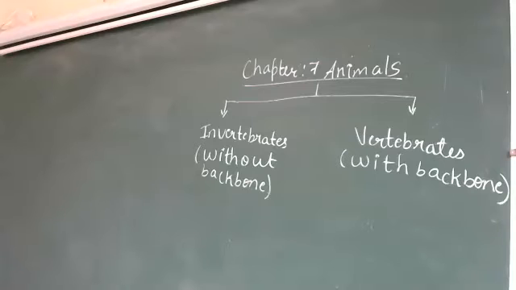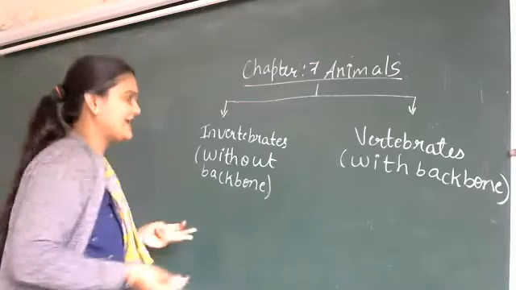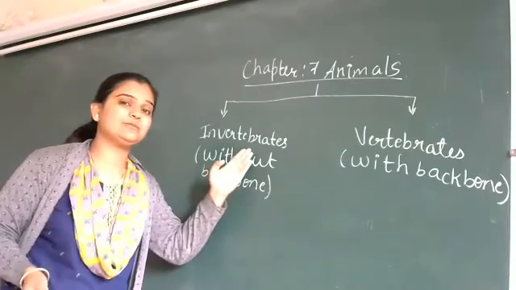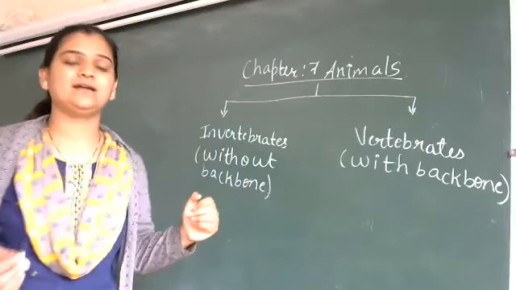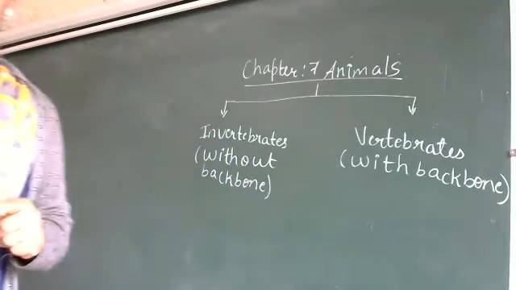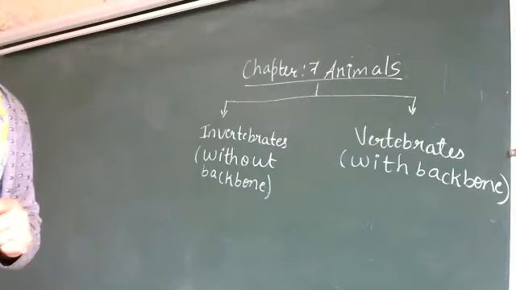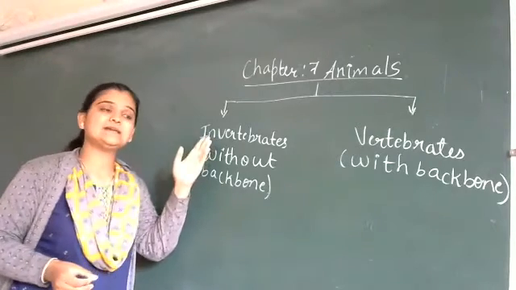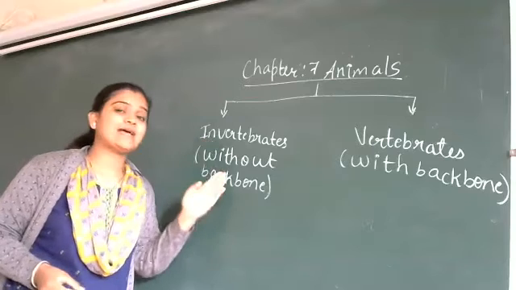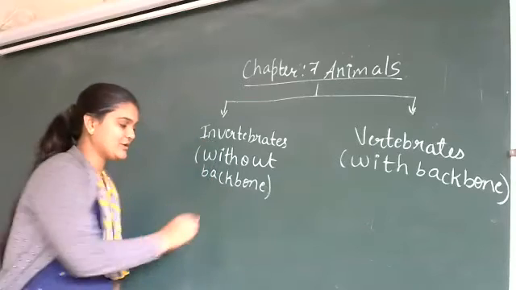So tell me children, any examples of the animals which come under invertebrates, the ones which do not have a backbone? Yes, insects, worms, and very small animals are the ones which do not have a backbone.